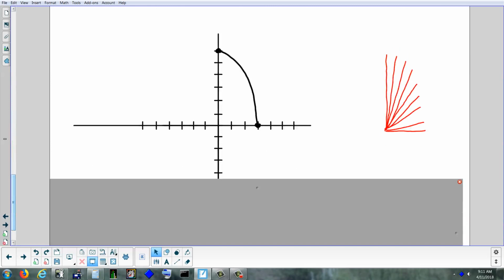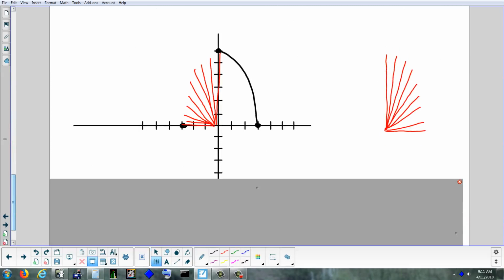So it's going to start at 6, and it's going to end at 3 by the time you get to 180. And the radial lines are going to get shorter and shorter as you're rotating to 180.